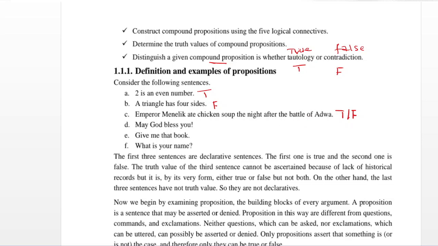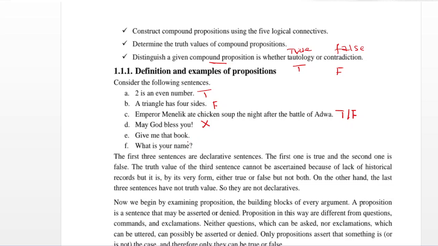Okay, may God bless you. May God bless you. Now what is this? It is a wish. When you say may God bless you, it is an exclamation mark symbol; it is an exclamation. It is not called true or false. It is not a proposition. Give me the book is a command. It is an imperative sentence.